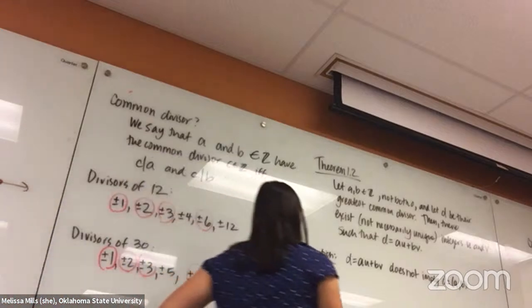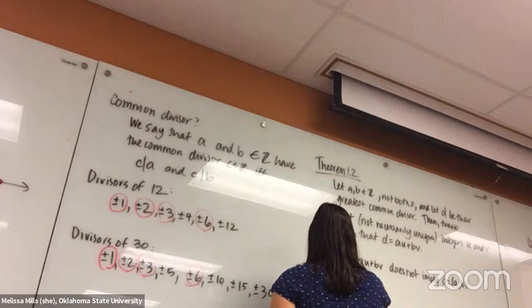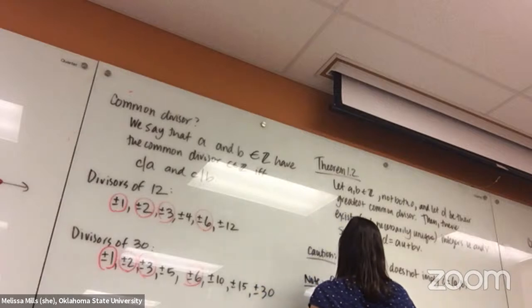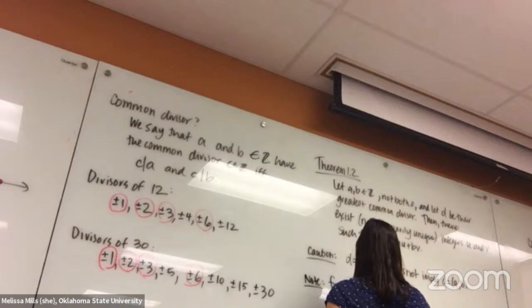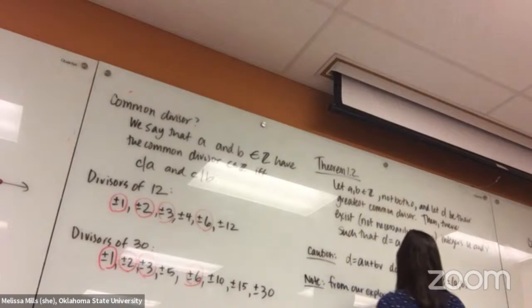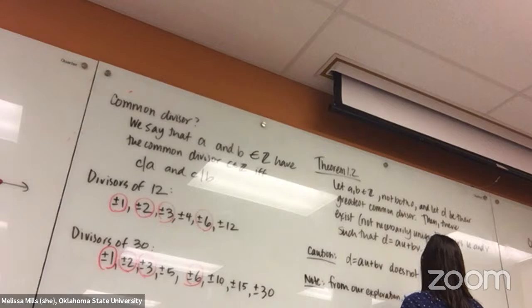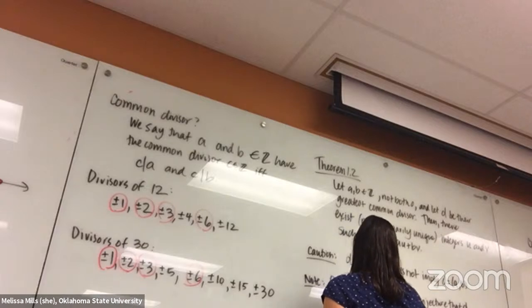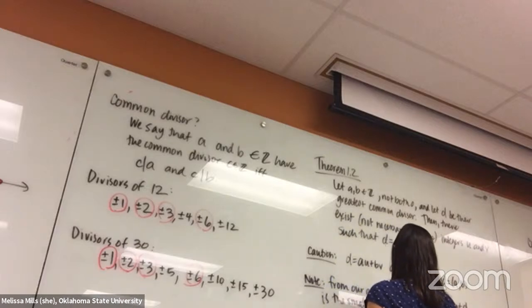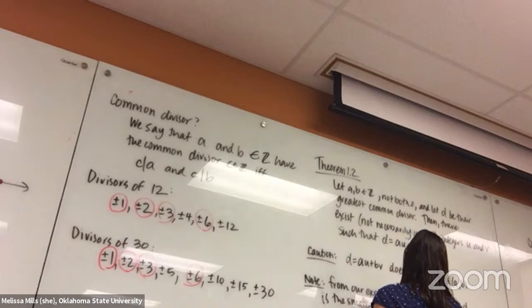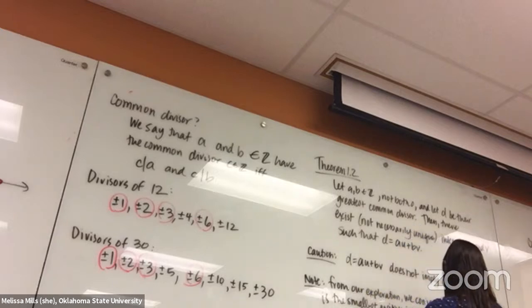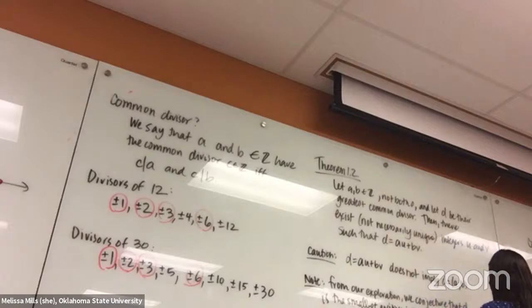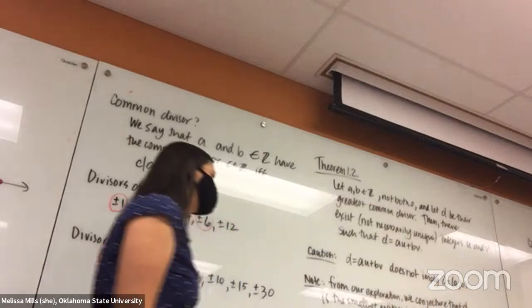So we'll note, from our exploration, we conjecture that D is the smallest positive integer that can be written as a linear combination, D equals AU plus BV.